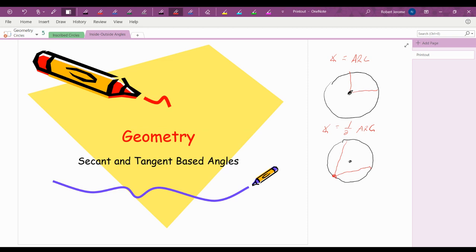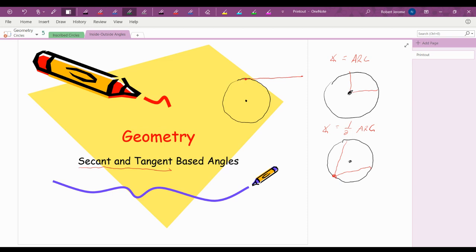Today we're talking about angles that are formed by secants and tangents. So let's just remind ourselves what these things are. A tangent touches the circle at exactly one spot.